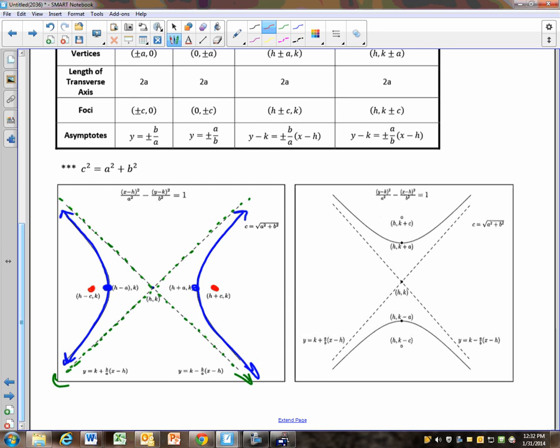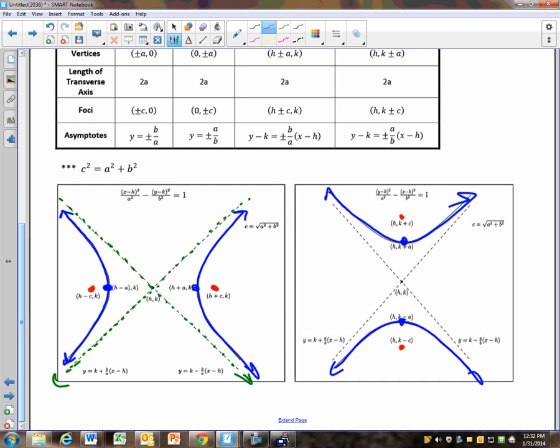So this is the picture you should have in your mind when you're thinking about hyperbolas. For this next one that goes up and down, the vertices are spread vertically, and the foci are spread vertically as well.